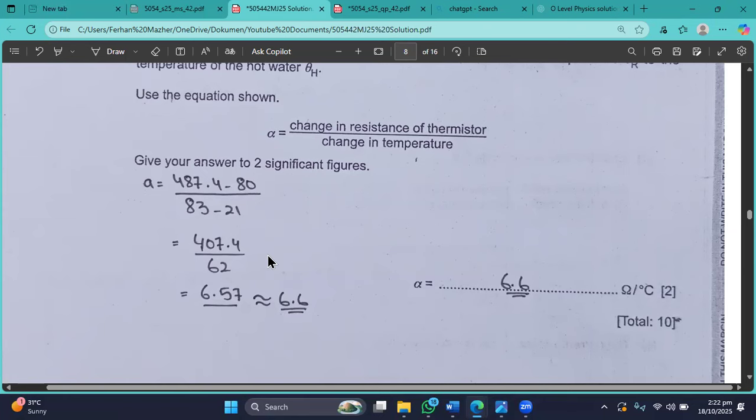So 407.4 divided by 62 is 6.57, which is 6.6. So that is the ohms per degree centigrade: 6.6 ohms per degree. This is the change in the resistance divided by the change in the temperature, and we got 6.6. So this was question number 2.